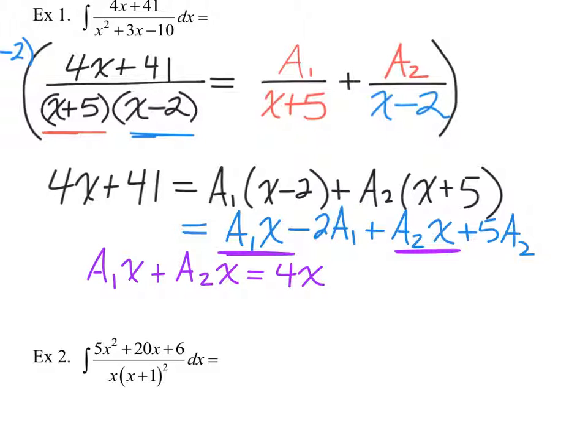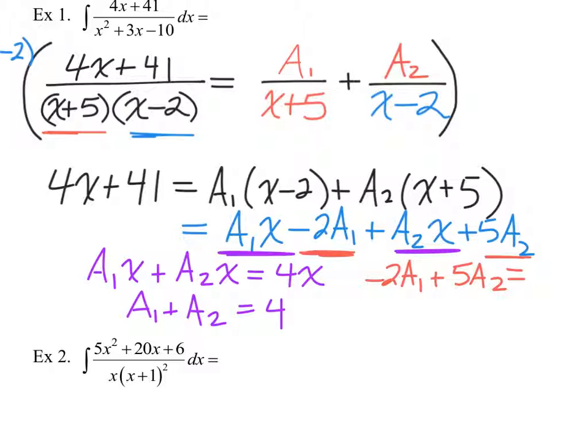A nice byproduct of that is the x's are going to cancel out, and you'll be left with a sub 1 plus a sub 2 is equal to 4. Now the other part is the constant component. We have negative 2a sub 1 plus 5a sub 2. That's got to equal 41.